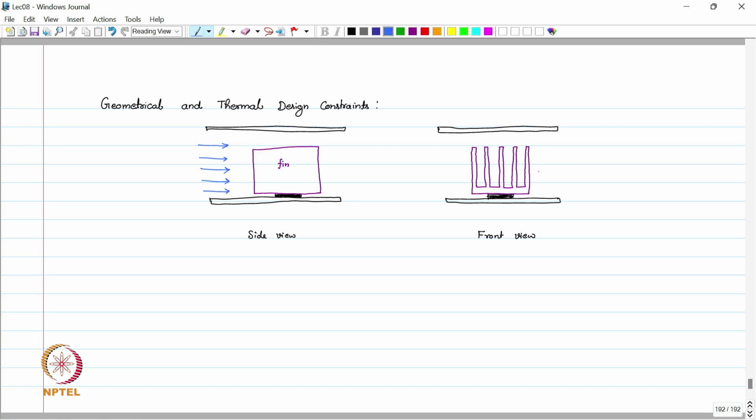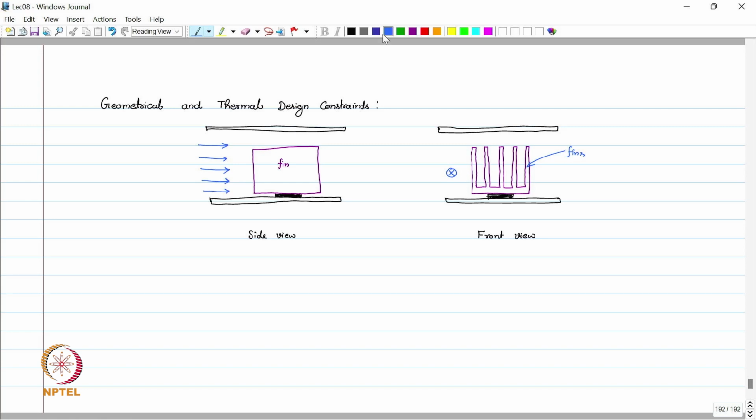So these are the fins, and the air is going into the board from the front. In the side view we see only a single fin. However, this heat sink has 5 fins.